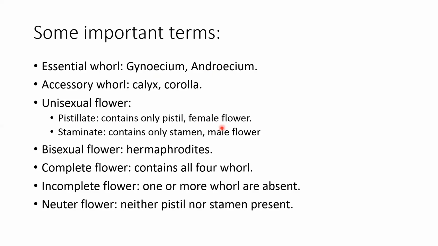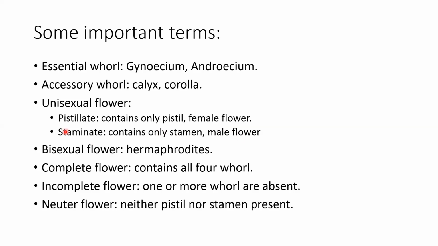Also papaya has different female flowers and different male flowers. Vallisneria, a hydrophyte, also has different female and male flowers. Staminate flowers are those which contain only stamen, that is the male part. That's why they are known as male flower or staminate flower.